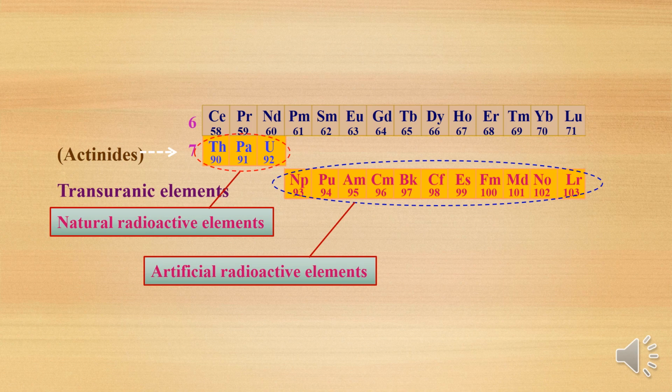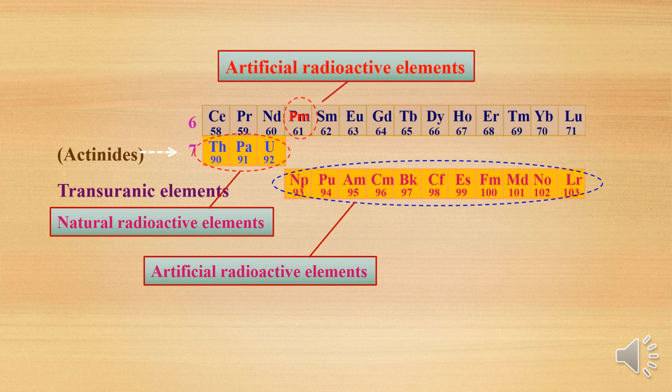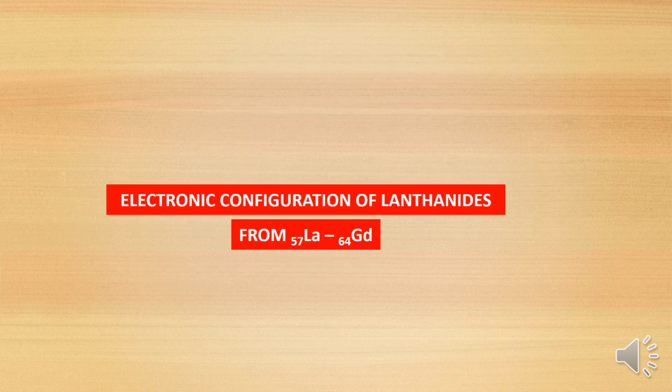In the lanthanides there is also one artificial radioactive element, and that is promethium. So this is about natural radioactive elements and artificial radioactive elements. Atomic number 93 to 103 are called uranides or transuranic elements.